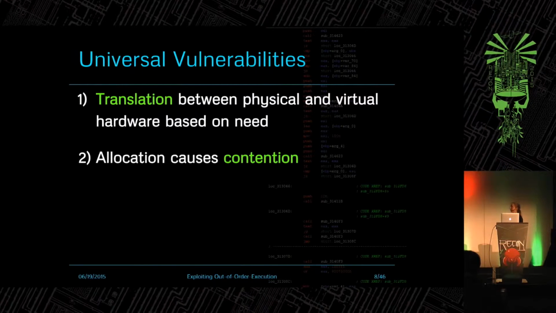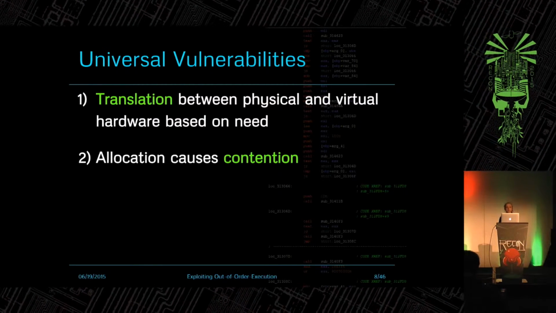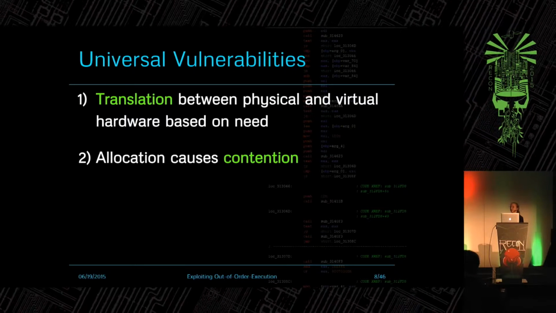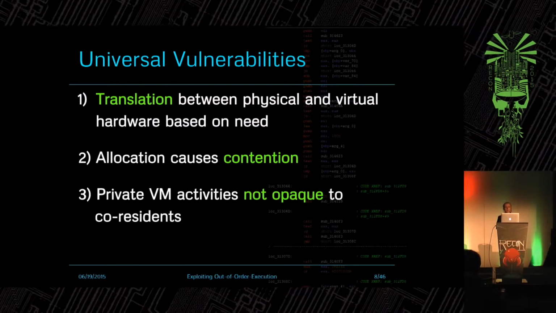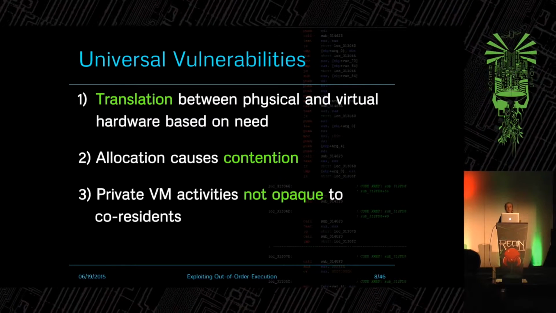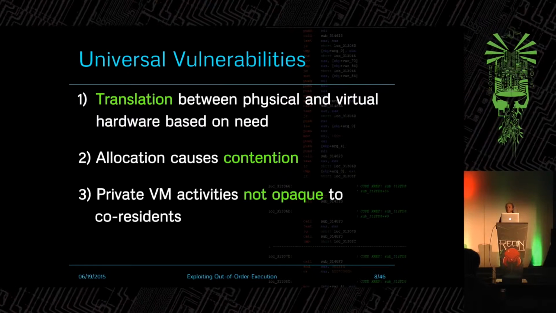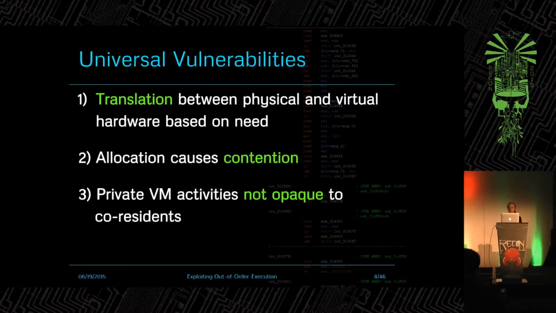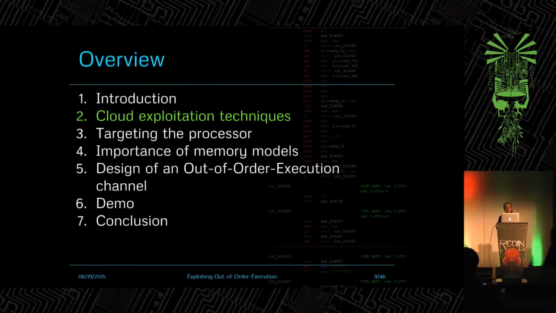Because it does happen through time, it's based off of the need of each process or each virtual machine. And this means that one virtual machine can cause contention with another for the same resource. And that basically means that your VM's activities, even if it's just telling someone else that you need physical resource Y, mean that your activities are not opaque to someone else on the same hardware.